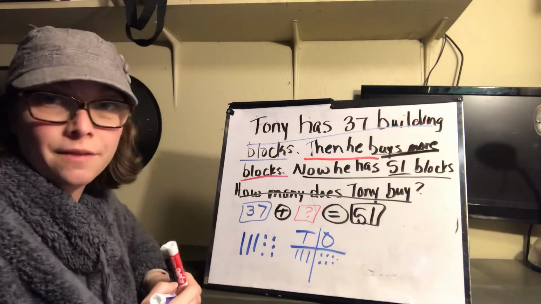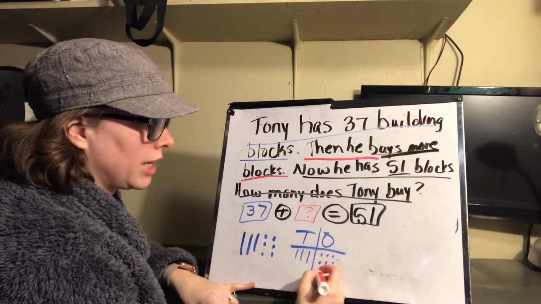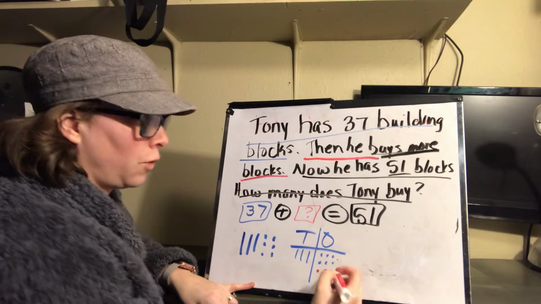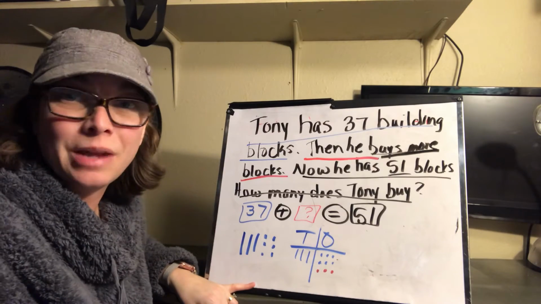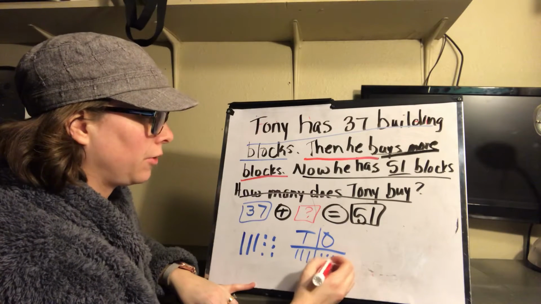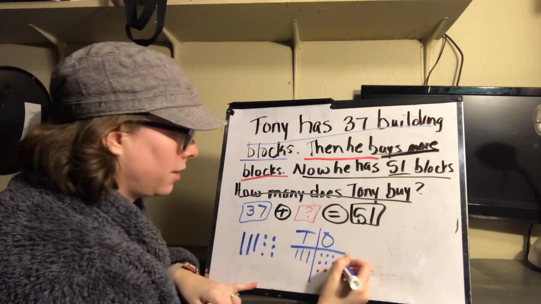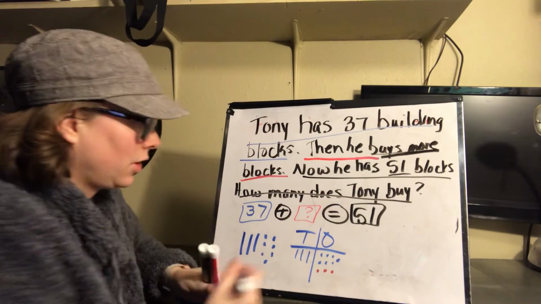Okay, we're at 37. Now I'm going to count on: 37, 38, 39, 40. Now I'm at a 10, so now I can add on by a 10. Oh, Miss Sizemore forgot to make 37 before I started. Sorry about that.